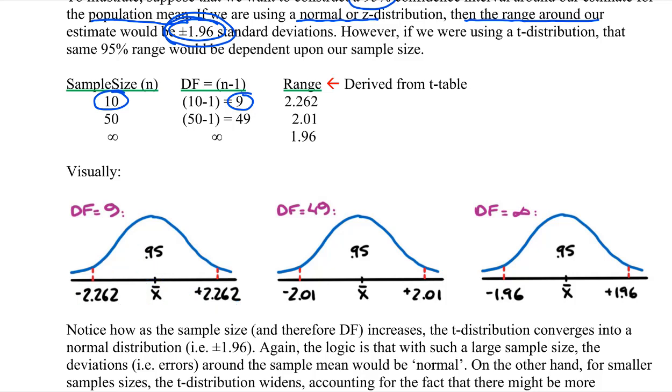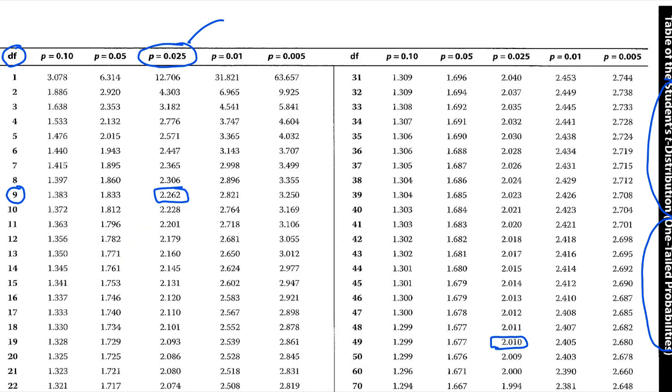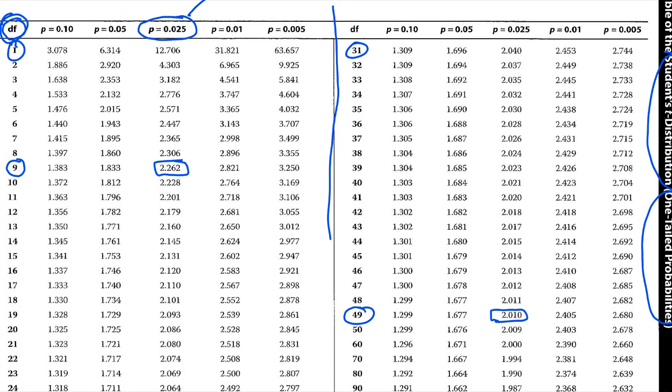So what would happen now if the sample size was 50 and therefore the degrees of freedom was 49? Let's go and have a look at our table. Here we are. So basically this table is really just cut in half, so it just continues. So it starts from here and then it just continues. Now the one we're interested in is 49, so there's 49 degrees of freedom.